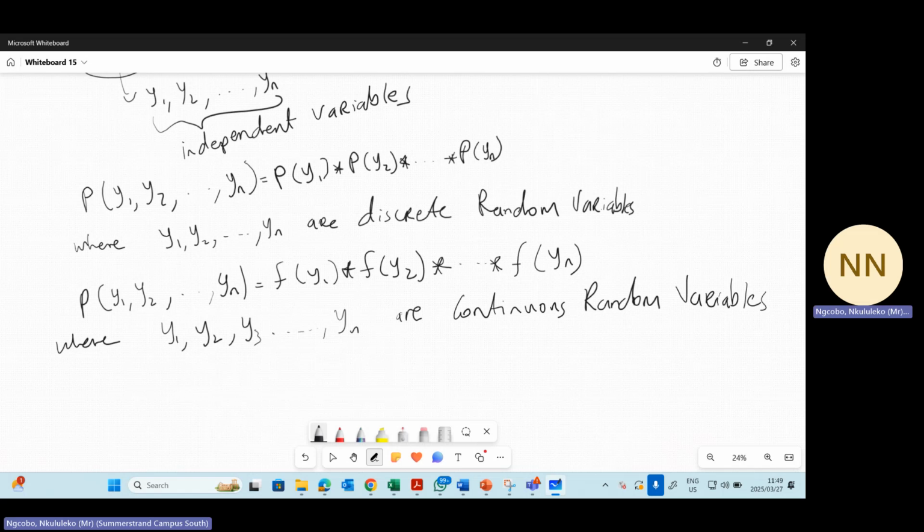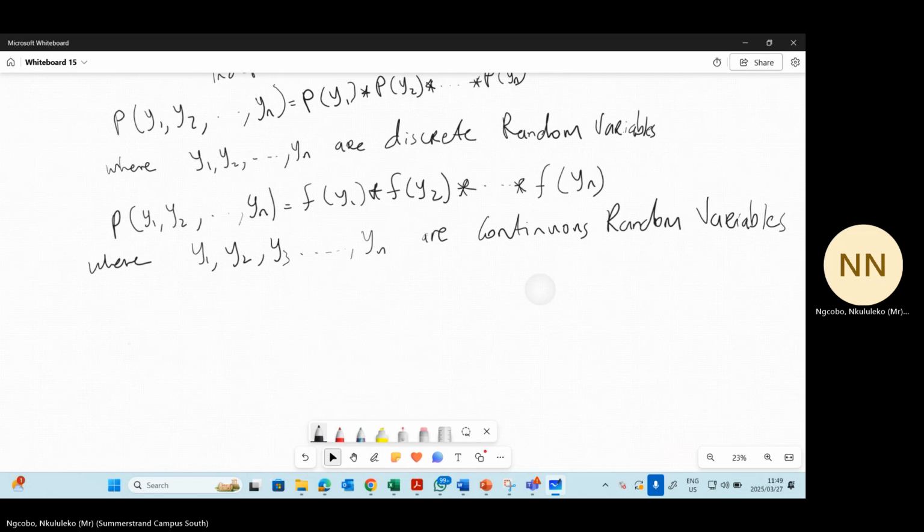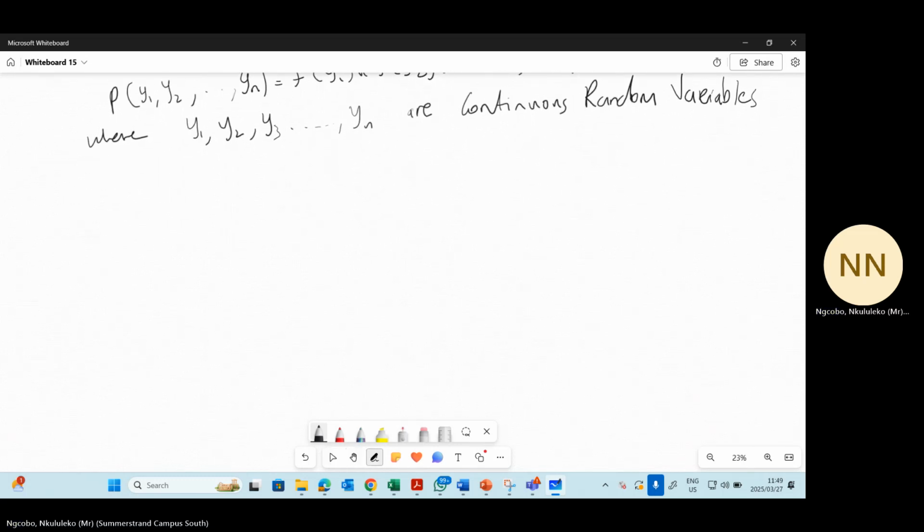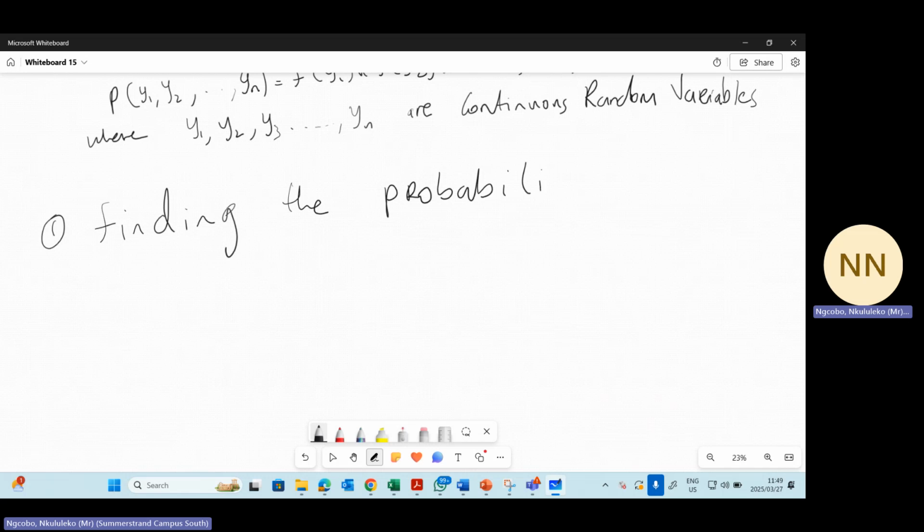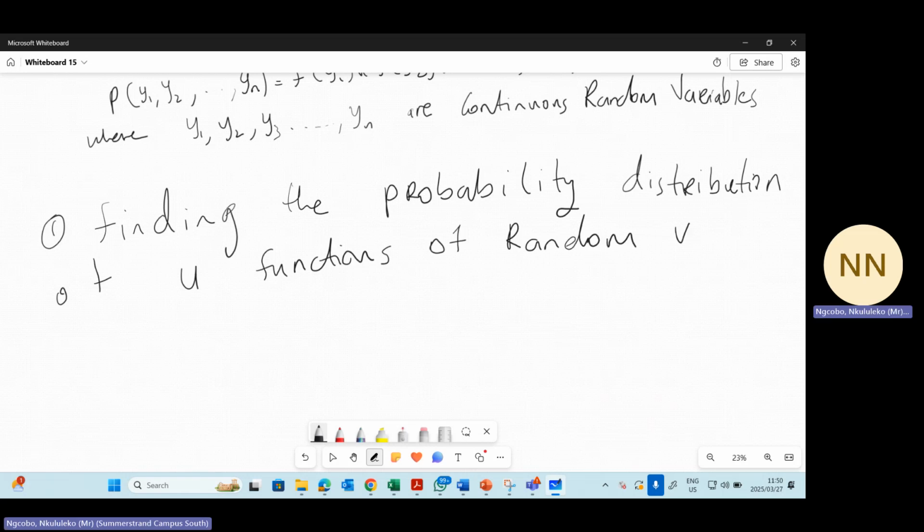Now let's look at how you find the probability distribution of U functions, functions of random variables, right?